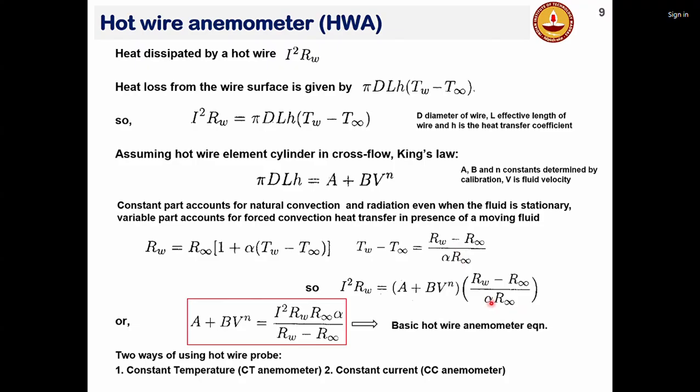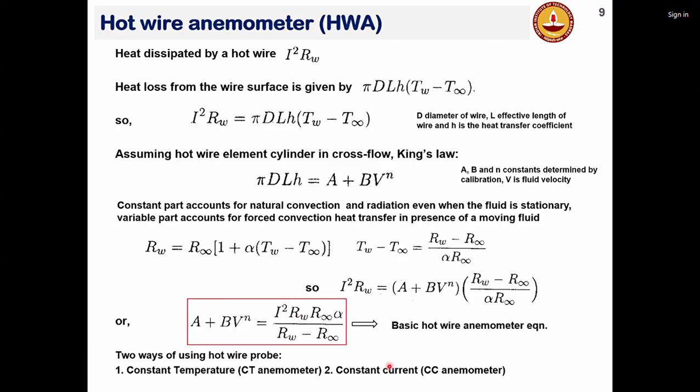Now if you rearrange this equation, because velocity is what you want to determine, you can write A plus B into V to the power n equal to the remaining term, which is I square RW alpha R infinity divided by RW minus R infinity.